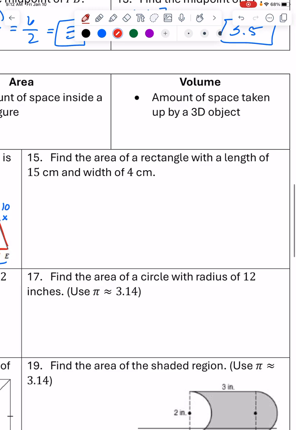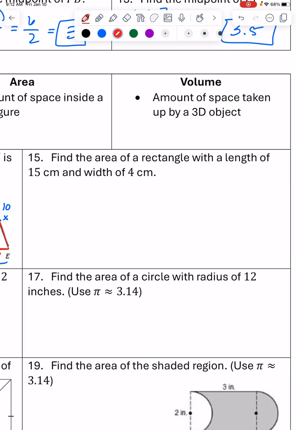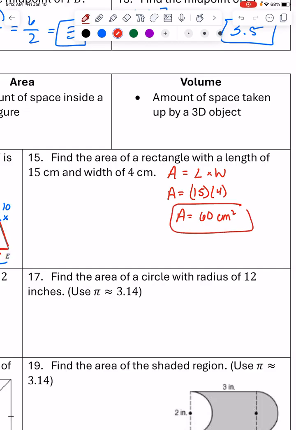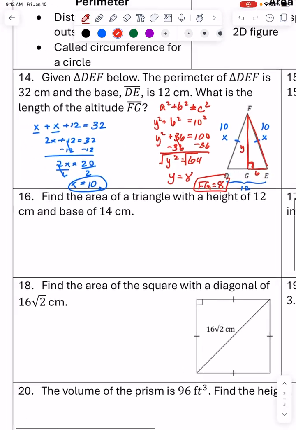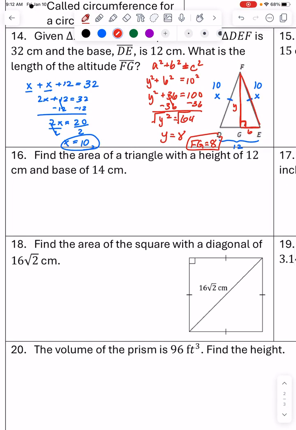Find the area of a rectangle with a length of 15 and a width of 4. So area of a rectangle is length times width. So area would be our length times our width. So area would be 60 square centimeters. Okay. 16, find the area of a triangle with height of 12 centimeters and base of 14.